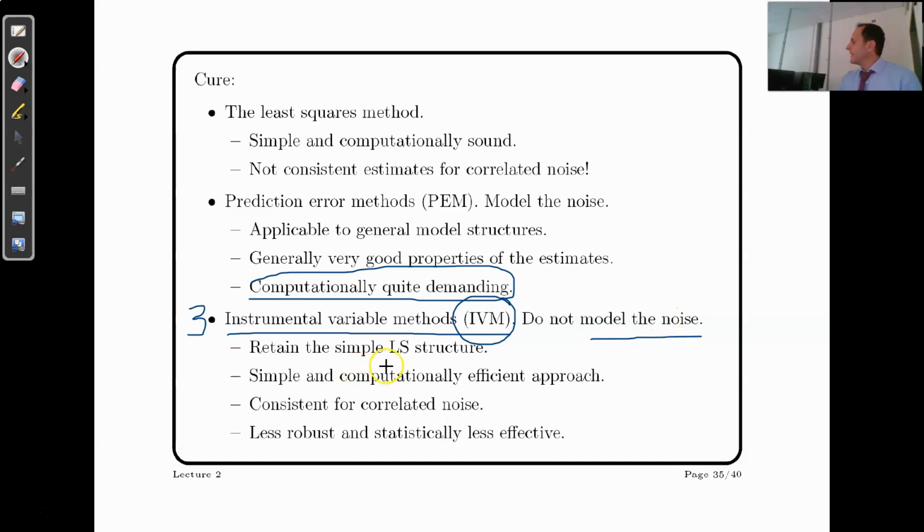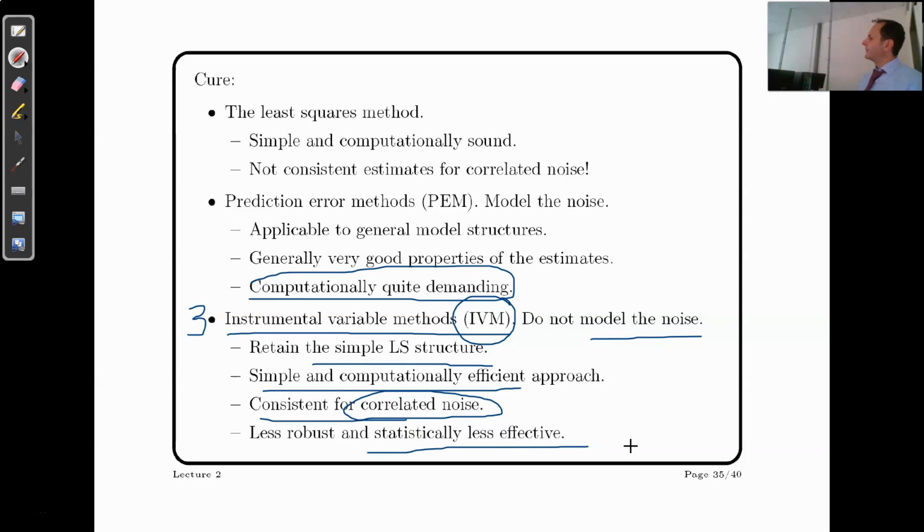But what is the advantage over the least square? It maintains the structure of the least square, is simple and computationally efficient, and is consistent also for correlated noise. Unfortunately, it is less robust and statistically less efficient.